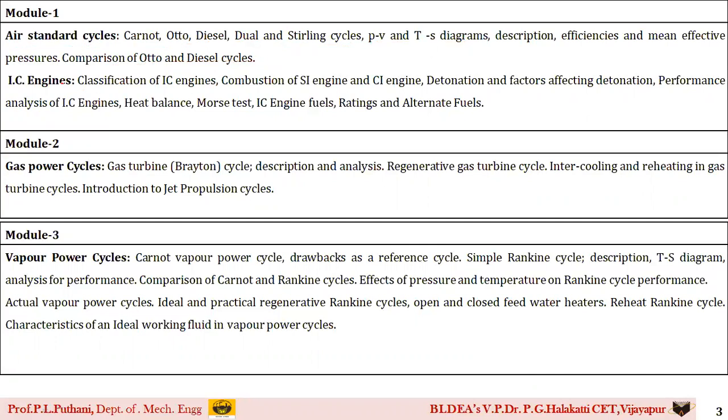In part number 2, we'll be studying IC engines and their classification. Then the combustion phenomena in the SI engine and in the CI engine.